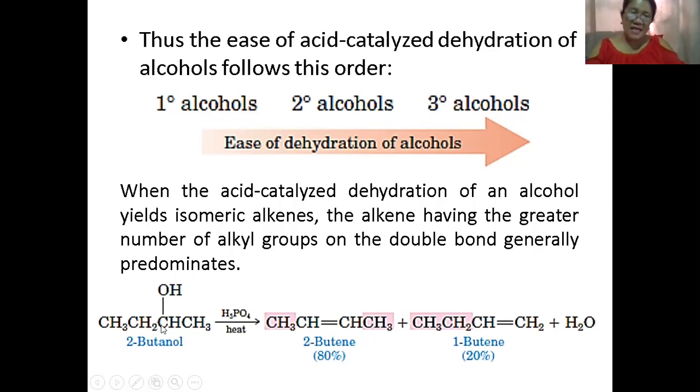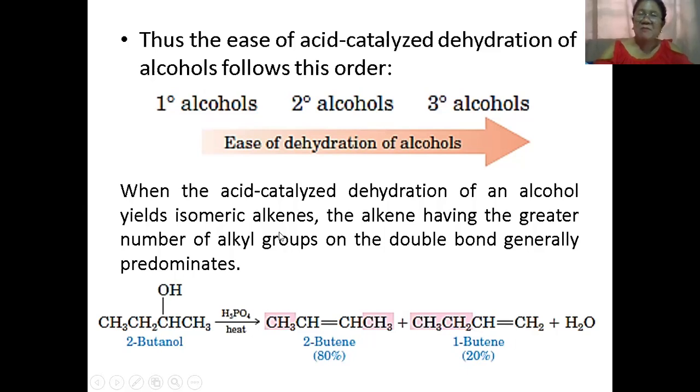Then CH, then CH3. What is this? This is 2-butene. The other way around, you take the hydrogen from the other adjacent carbon.